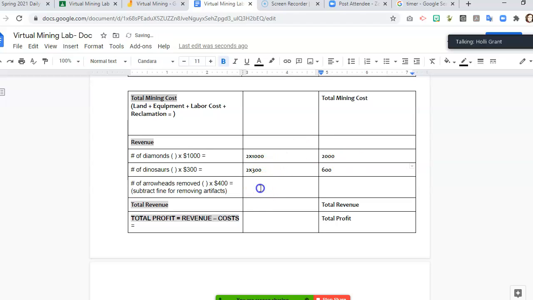The number of arrowheads removed, unfortunately, maybe I found all 6. So I have to subtract $2,400. Okay, so that would bring my total revenue to 200 if I was that person in that situation.